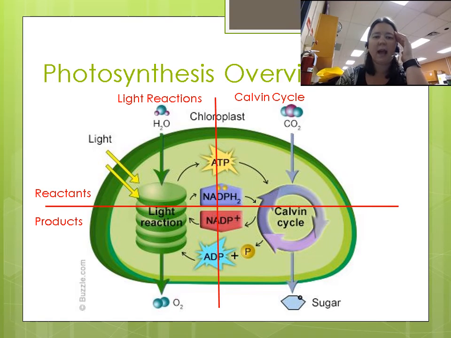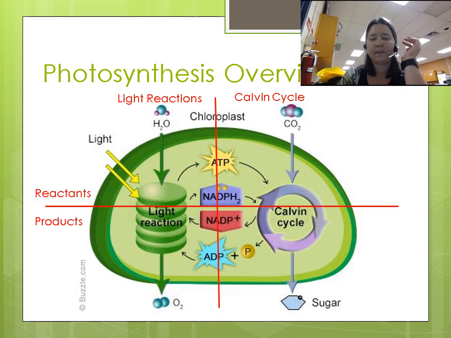So the light reactions take light, hence the reason they're called the light reactions, and water, and happen here in this thing called the thylakoid. And what it does is it creates ATP and NADPH2, and these 2 things go into the Calvin cycle with carbon dioxide.